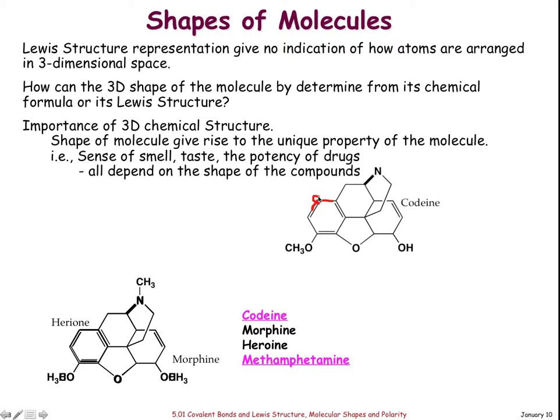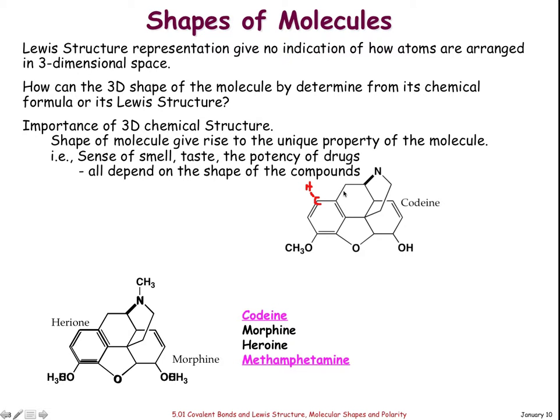Carbon always has four bonds, so the fact that you see three bonds or three lines going to this carbon right here means that there's another bond that goes to a hydrogen, and that's just known if you're a chemist.